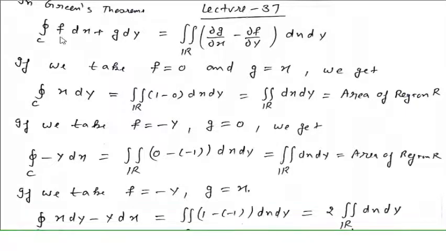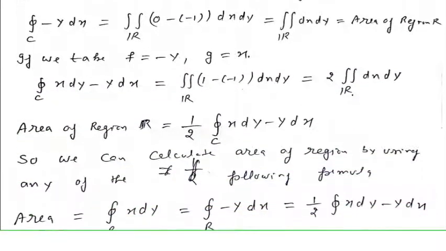Now if we take f equal to minus y and g equal to 0, we'll get this. So here the area becomes the integral of minus y dx. And if we take f equal to minus y and g equal to x, we'll get this after simplification.